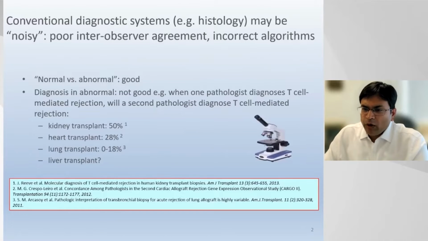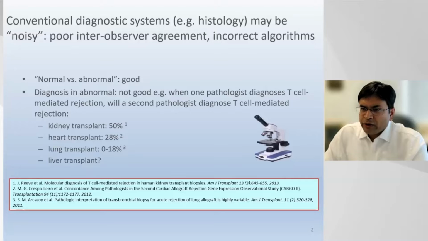So as is well known, probably to most of the audience, we've known for the last several years that conventional diagnostic systems like histology may have some inherent noise to them. The reason for that may be poor inter-observer agreement, as well as algorithms which may evolve over time and therefore are not as reliable when interpreted in the future.